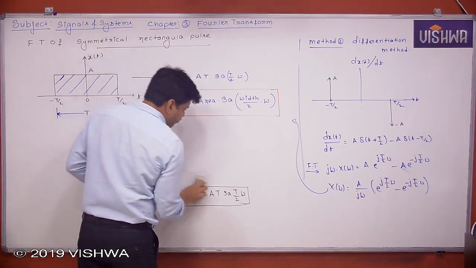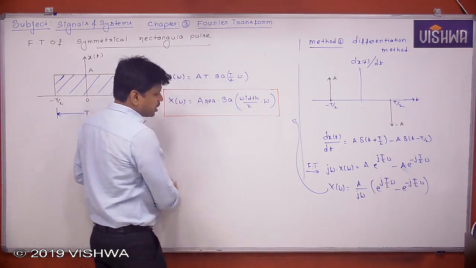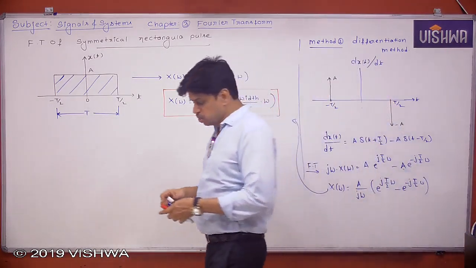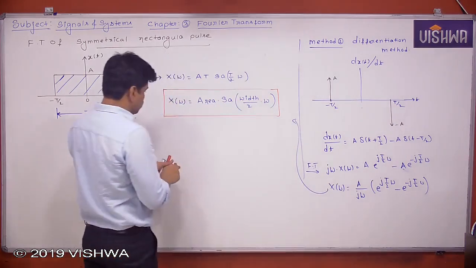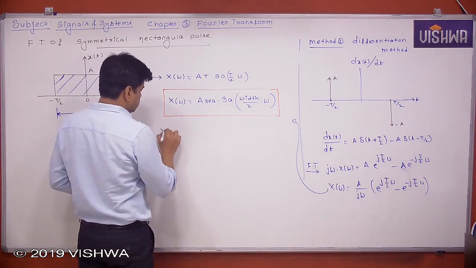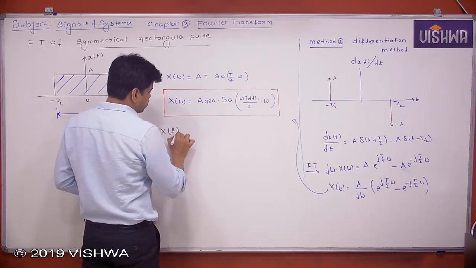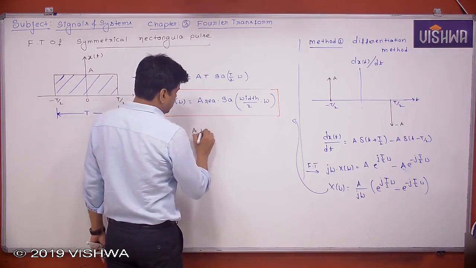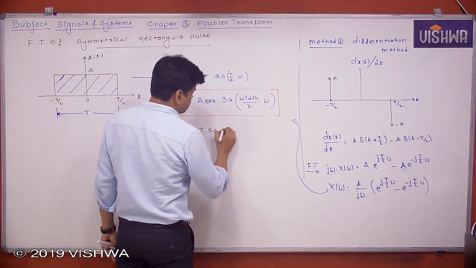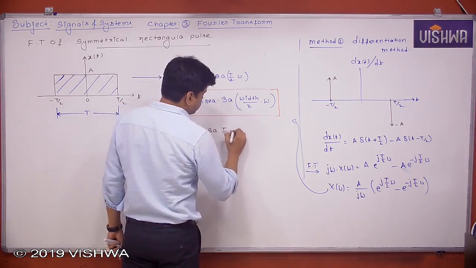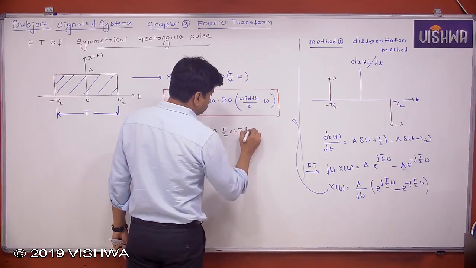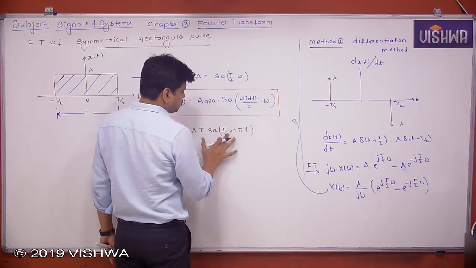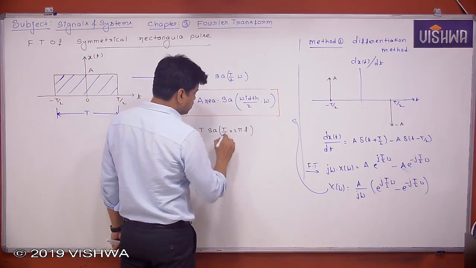Next, if I want to calculate X of f, because in communication mostly we deal with the f notation, let's see what X of f is. I told you X of f means omega has to be replaced with 2 pi f. Then this is nothing but AT sampling T by 2 into 2 pi f. The 2 gets cancelled.